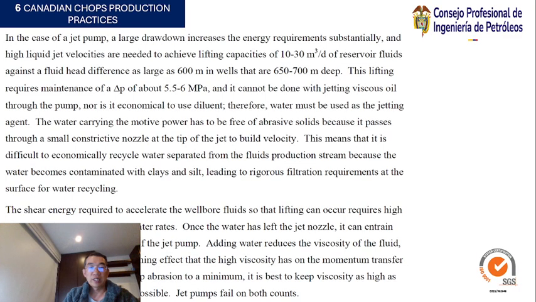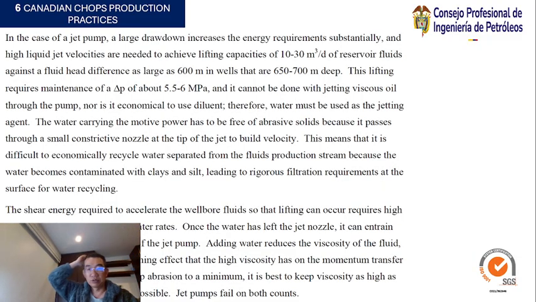The shear energy required to accelerate the viscous fluid so that lifting can occur requires high water velocity and reasonable water rates. Once the water has left the jet nozzle, it can entrain sand and abrade the outer body of the jet pump.